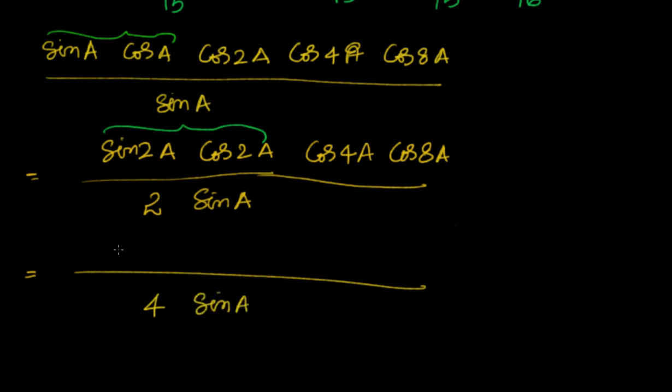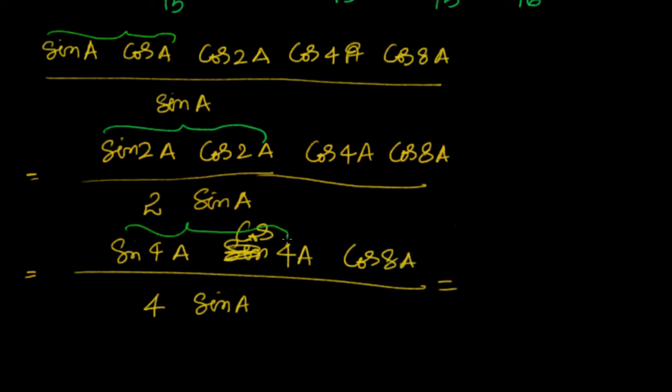Then this becomes sin 4a cos 4a, then I have cos 8a. Again you can see these two are nothing but half of sin 8a. So I can write this as half of sin 8a.